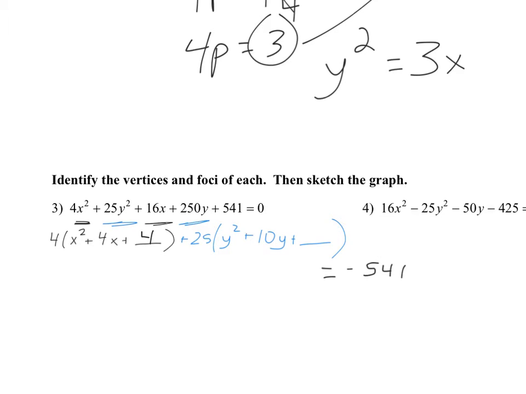And then if you look at the 4 that was factored out, multiplied by that 4, you're actually going to be adding 16 on the left side, so you've got to add 16 over there. And then with the y variables, y squared plus 10y, 25 is the value there that completes the square. But you have to consider 25 times 25, which is 625. So you're adding 625 to that side.